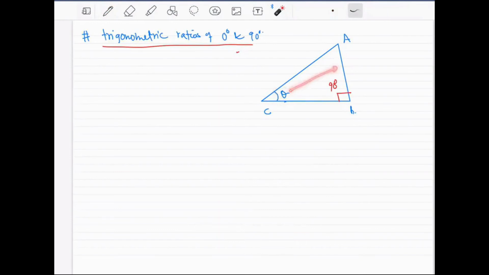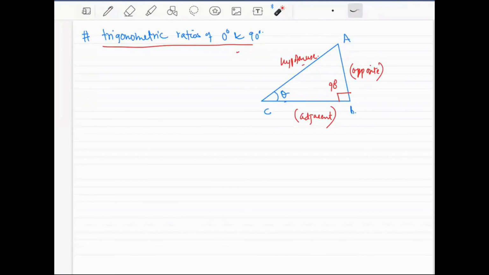So the opposite side will be obviously AB. The adjacent side will be BC. Just mention them down there so that we don't get confused in between the lecture. Okay. Any issue? Please turn on the microphone.